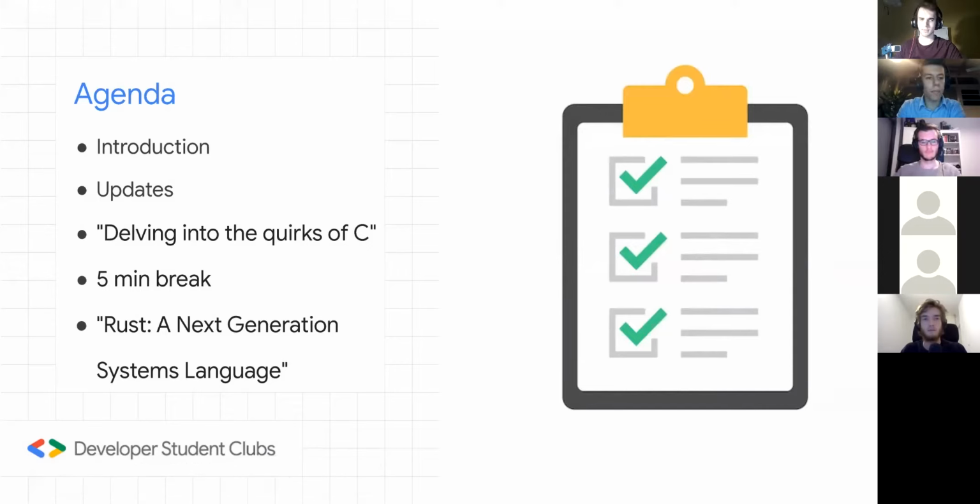Then we'll have the first talk by Robin about the quirks of C, which is going to be interesting. And we'll have a 5-minute break just to perhaps get a cup of water or go to the toilet. And then we'll get right back to it with a talk about Rust by Hector, which is also going to be very intriguing because it's an interesting language.